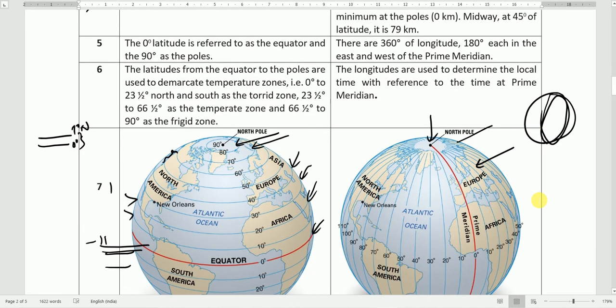The distance between two longitudes is maximum at the equator, and it is minimum at the poles.